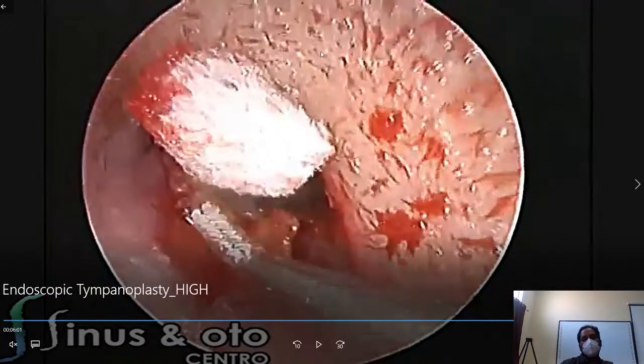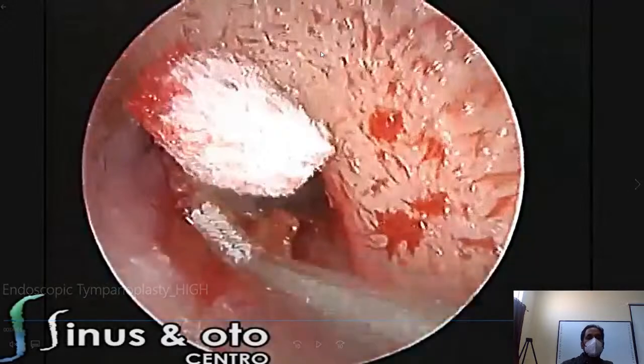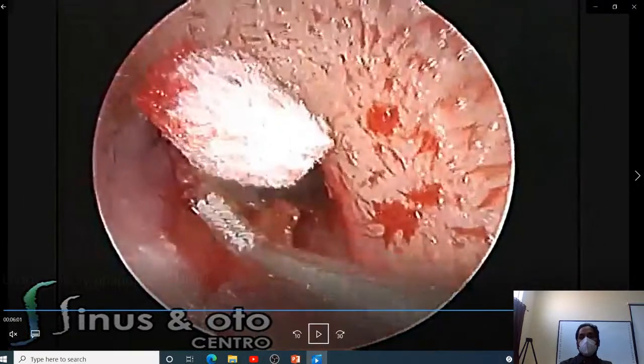So they can ask you any questions regarding this tympanoplasty surgery and you should be able to tell everything.